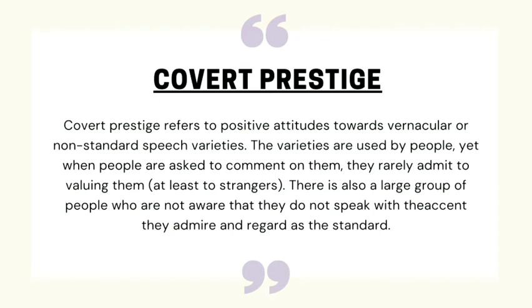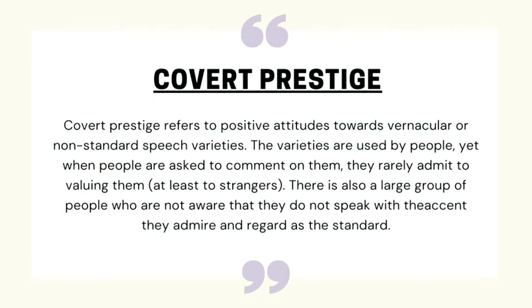The varieties are used by people, yet when people are asked to comment on them, they rarely admit to valuing them, at least to strangers. Despite their official protestations, people clearly do in fact value vernacular varieties.